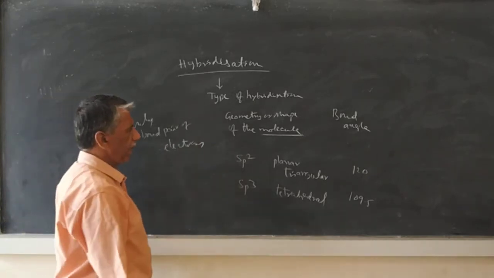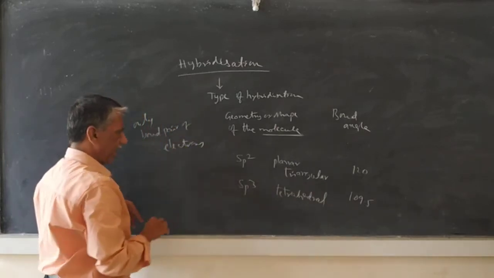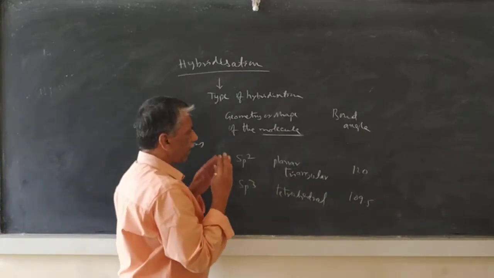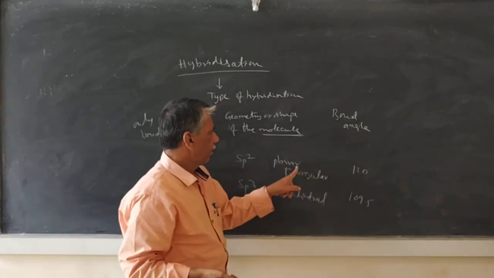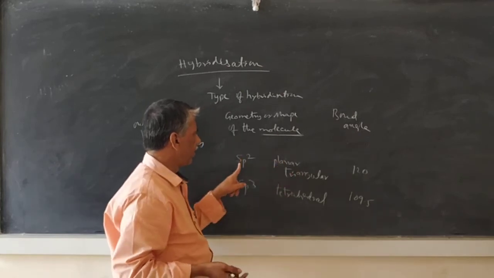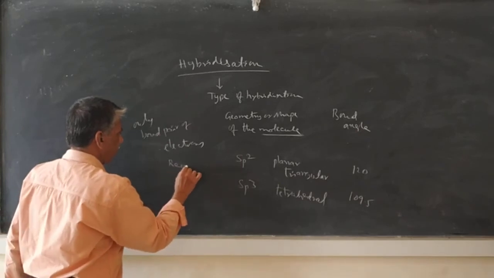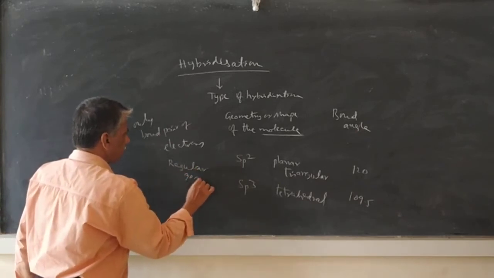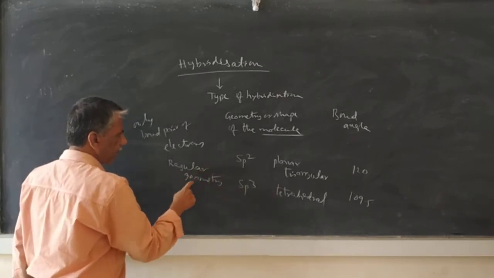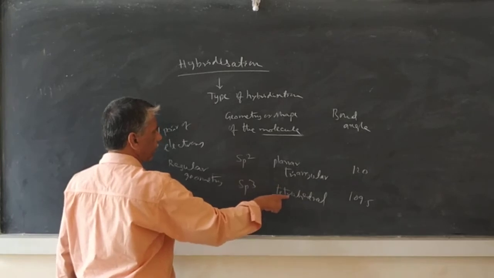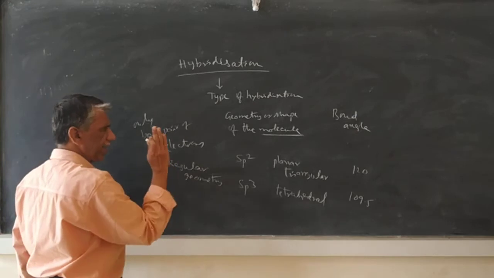If a molecule has only bond pairs of electrons, then definitely you can expect 120 bond angle and planar triangular shape if the hybridization is sp2. So this is called regular geometry. You will expect regular geometries if the molecule involves only bond pairs of electrons.